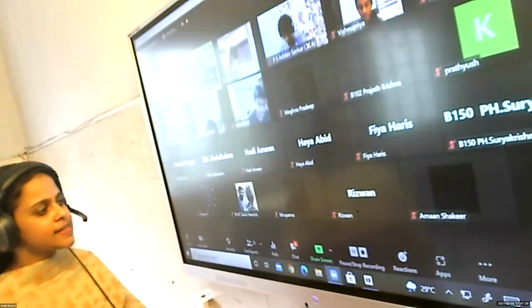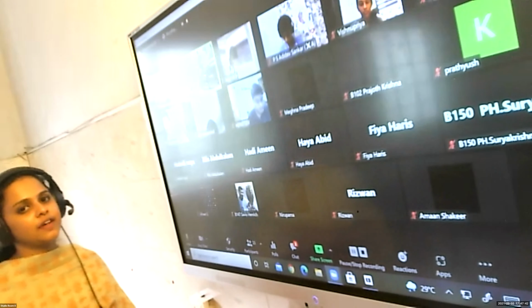P is equal to I square R. Then Rizwan. Equation for calculating power with the current and voltage. The same question to Adil. Equation for calculating the power with the voltage and current. P is equal to VI. Okay. Johan. Equation for calculating the power with the current and resistance.